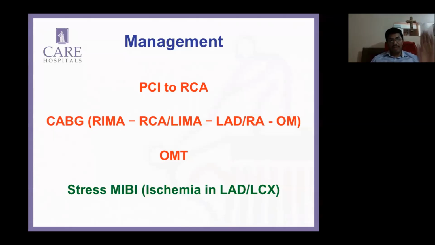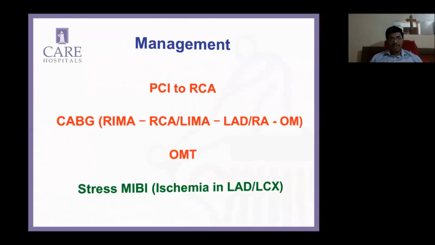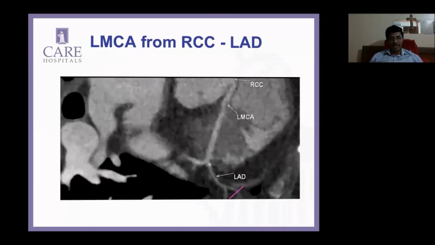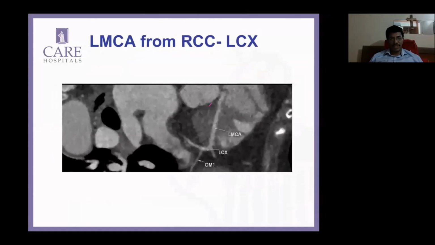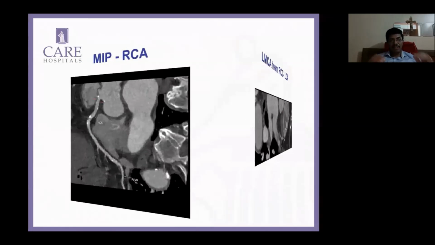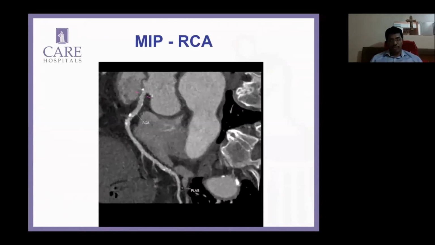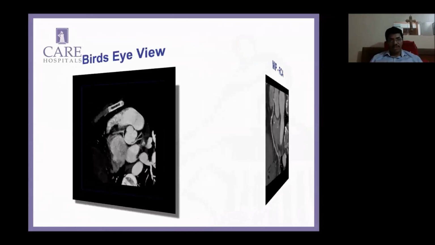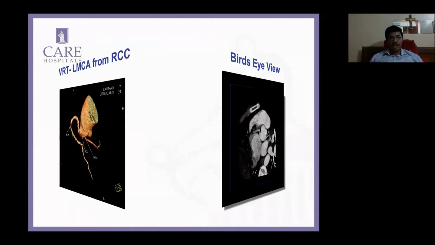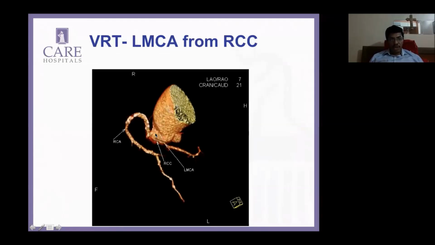Now, I've done MIBIs for all of them, all 15 we sent for publication. More than 70% of these patients had negative MIBIs, which means no inducible ischemia. Now, a simple hypothesis, and I know it's a very small group of patients, though it has been corroborated by some other researchers, is that we are also looking at how distal or proximal the RCA arises, and remember, this is only for the RCA.